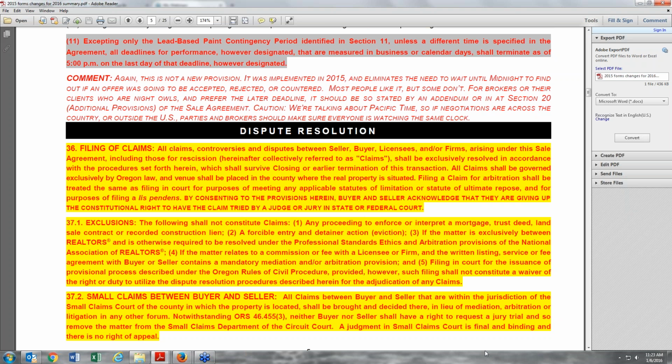I actually think I probably should have kept that in black because it's not a new provision, but I put it in gray because it's one that has caused some consternation, because we always had midnight of the final day as the operative date. And if you still like midnight because you're a night owl, fine, or your client is, you want to make sure it becomes clear in the additional provisions or somewhere that you're not going to use the 5 o'clock rule.